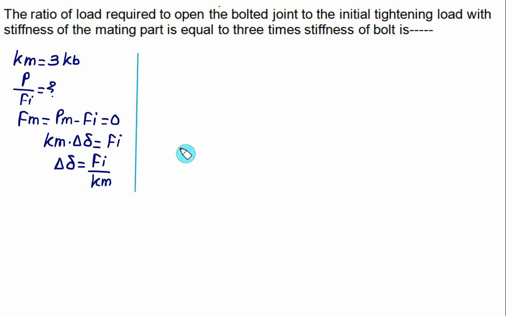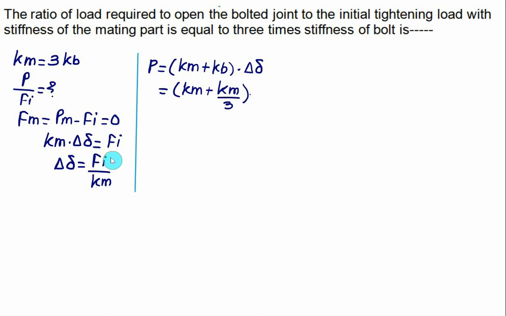To find out the ratio of P divided by Fi, we'll try to find this value in terms of Km. So we know the value of P is equal to Km plus Kb multiplied by delta. This time we'll replace the value of Kb in terms of Km, which will be Km divided by 3. And delta we'll put as Fi divided by Km, so that the value of Km will get cancelled.